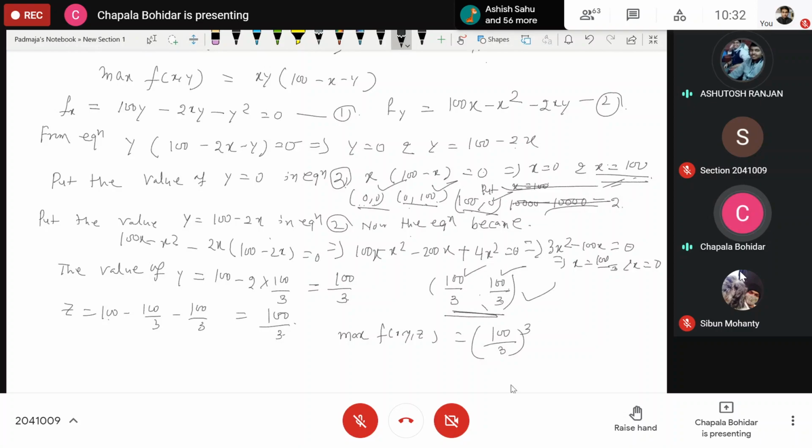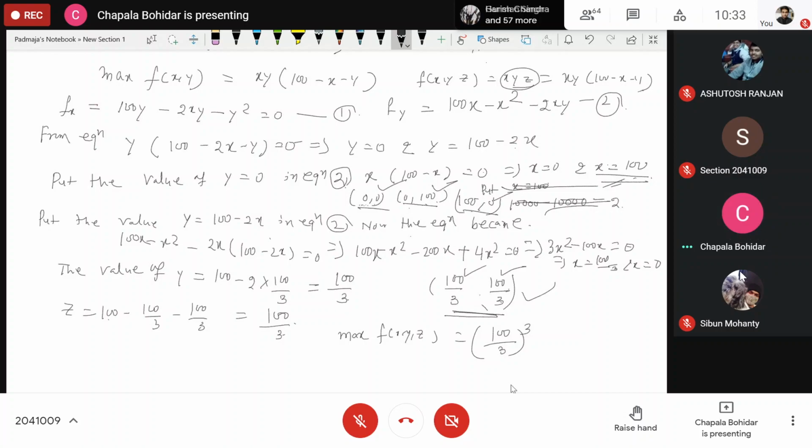Non-negative number. But here, the question is asking about the product being maximum. The product x, y, z is maximum. If you consider this critical point as 0, if you consider the critical point, I am converting it as x, y, 100 minus x minus y.